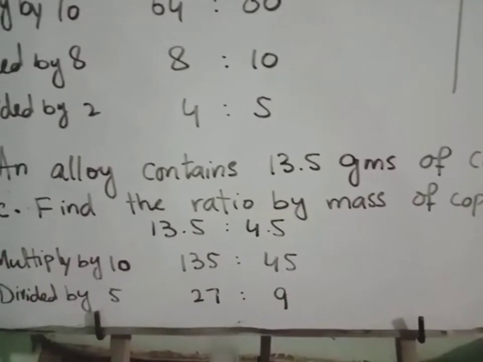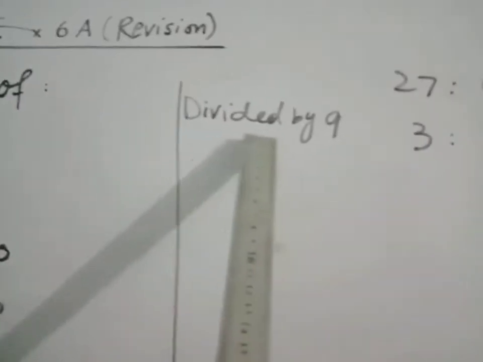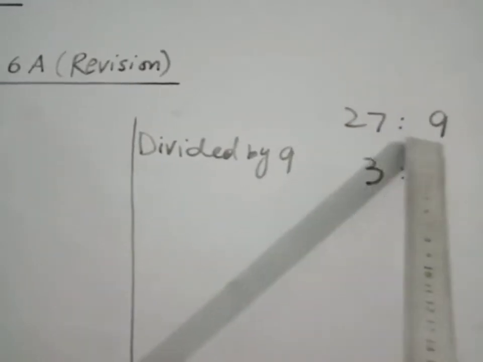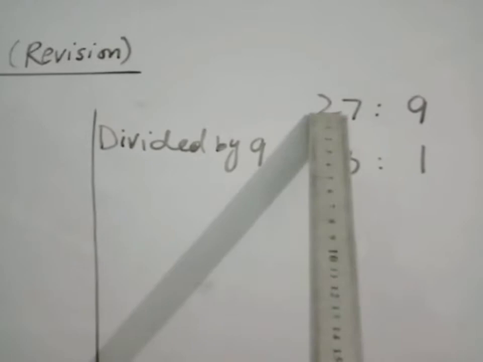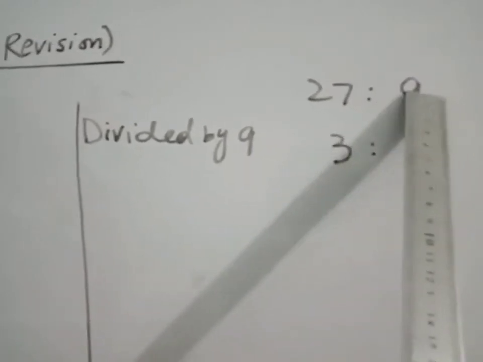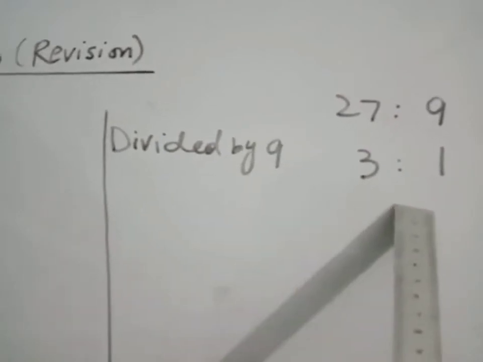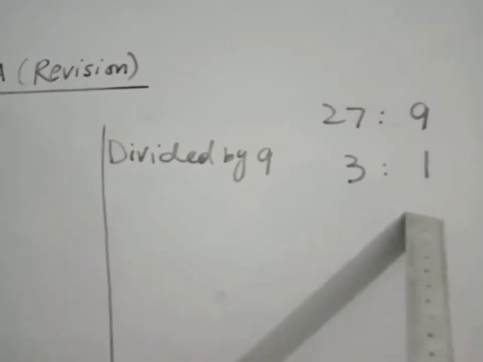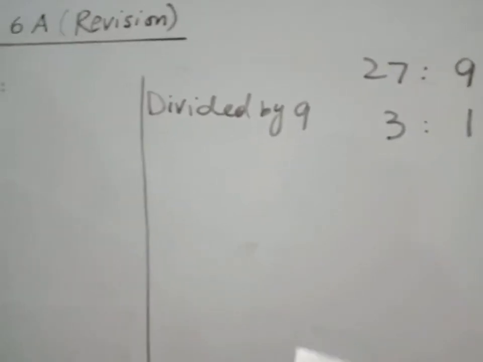So you will read the table of 9: 27 and 9, you will divide by 9. 9 3s are 27 and 9 1s are 9. So these two values are easily divided by 9. This is the simplest form of the ratio, which cannot be divided further. So this is our answer.